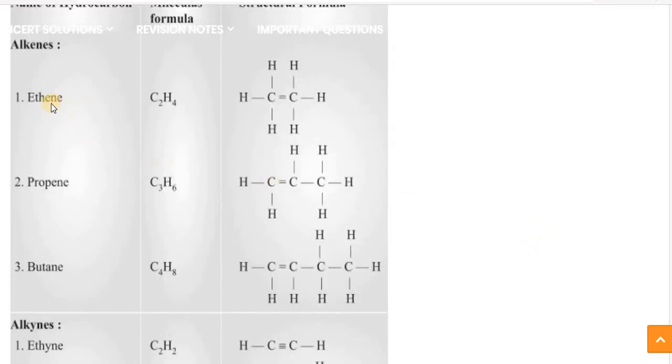Now here for the double bond, ethene: the name indicates the number of carbon atoms, which is 2. As per the general formula of alkenes, it becomes C2H4. Here you can see 1 and 2 carbons and the hydrogen is 4.